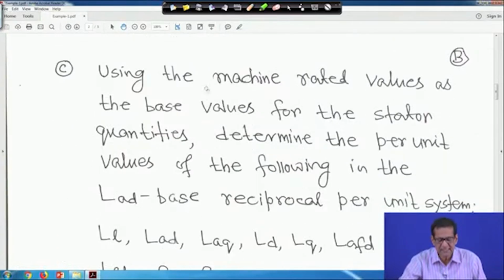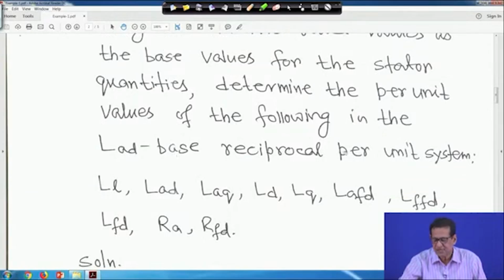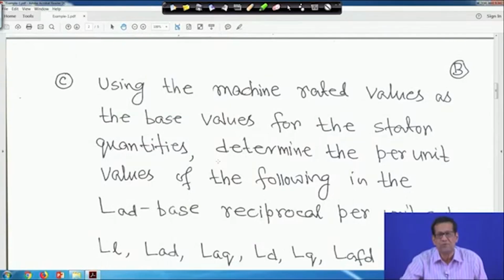And C, using the machine rated values as the base values for the stator quantities, determine the per unit values of the following in the LAD base reciprocal per unit system: LL, LAD, LAQ, LD, LQ, LFD, LFFD, RA and RFD. So this is the problem.